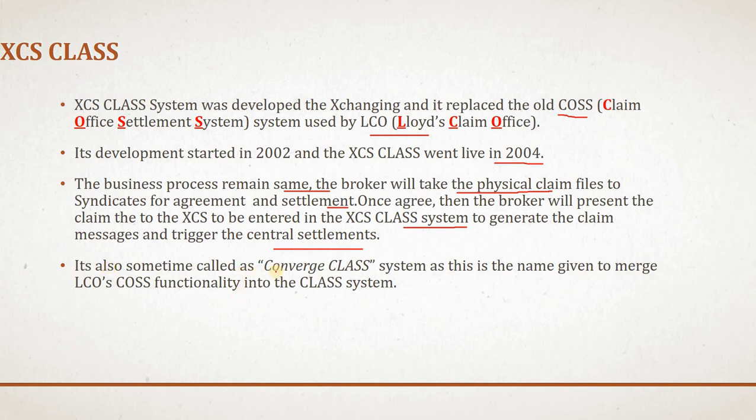It is also sometimes called the Convergence CLASS system, the name given to the merge of LCO cross functionality into the CLASS system.